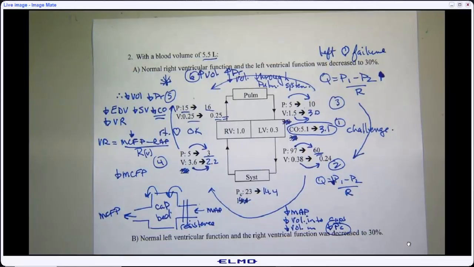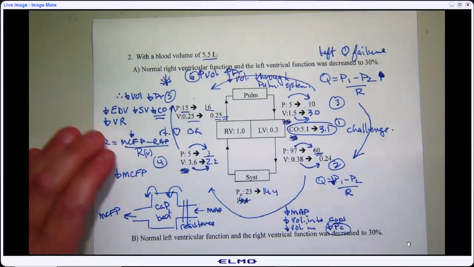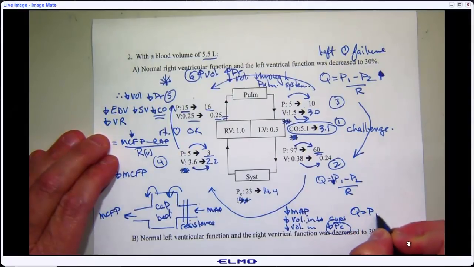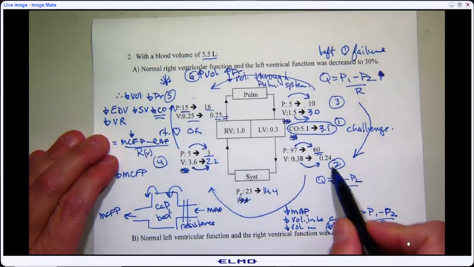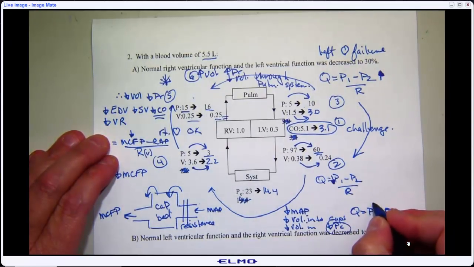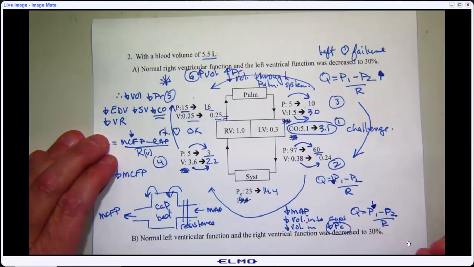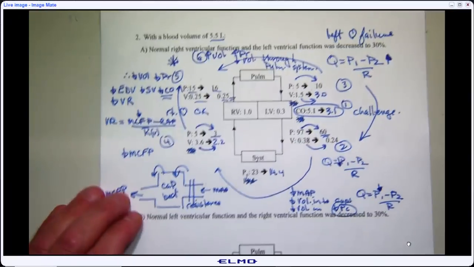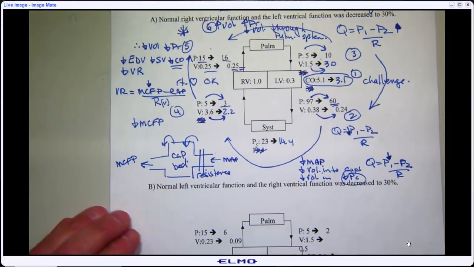What's the volume out argument now? Right, and this was based on flow equaling P1 minus P2 over R. P1 was mean arterial pressure, so that dropped. Flow into decreases, volume in. Okay, yep, volume into decreases. Okay, what's happening on the outflow end?